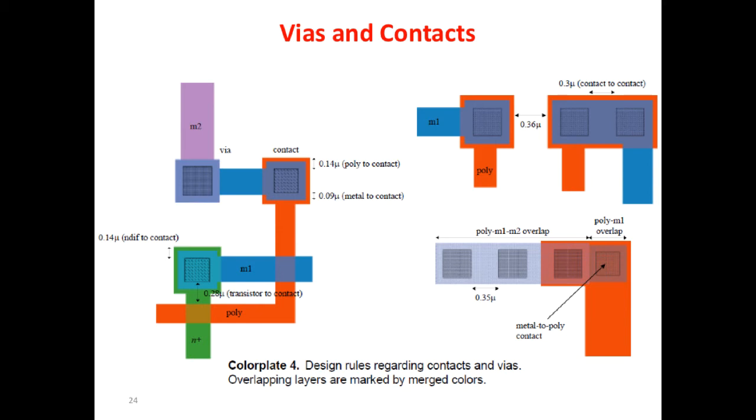Of course, you need to be sure that everything is aligned. The layer of tungsten, the layer of poly, and the layer of the metal are aligned, and in order to guarantee that the alignment is good, you need to have this region of poly, this square of poly, in which you have to make the region larger than the size of the hole by at least 0.14 micron for the poly and 0.09 micron for the metal.